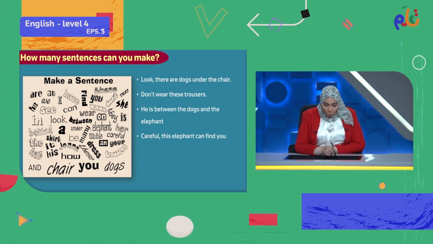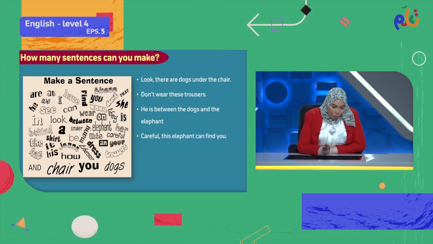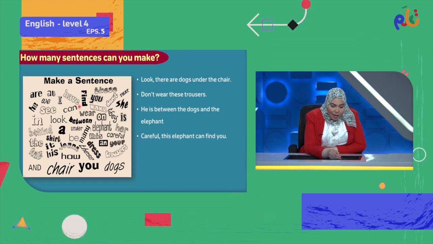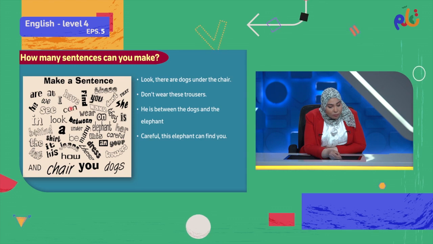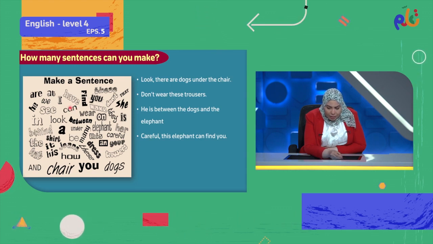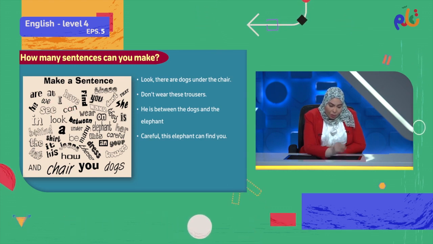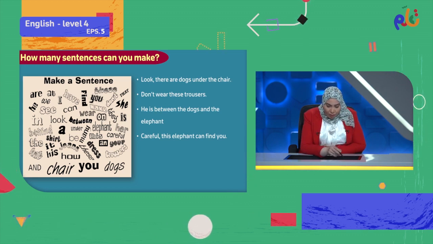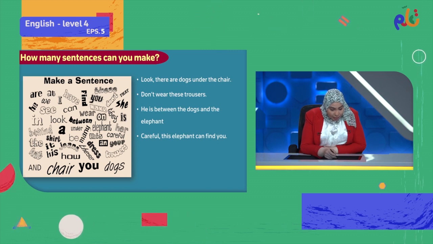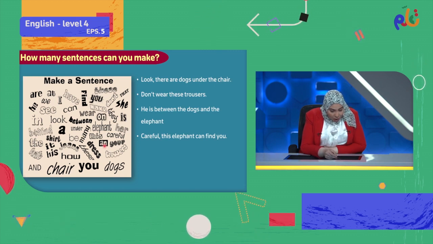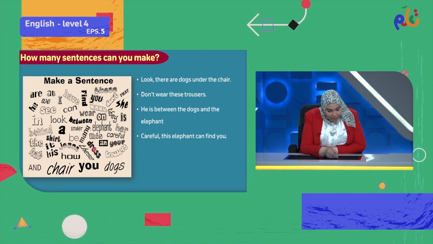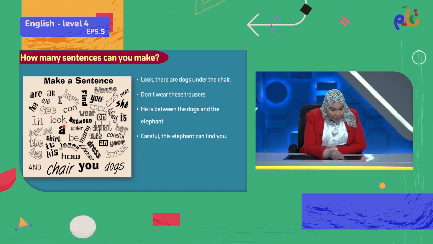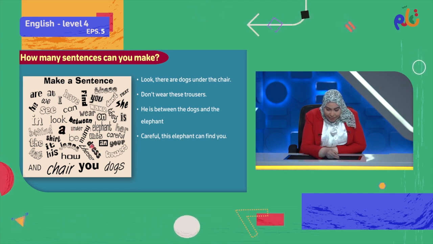Okay. Or I can have a normal sentence starting with I. I can what? I can see. That would work. So I can see. What can I see? What do you think I can see? I can see a dress.